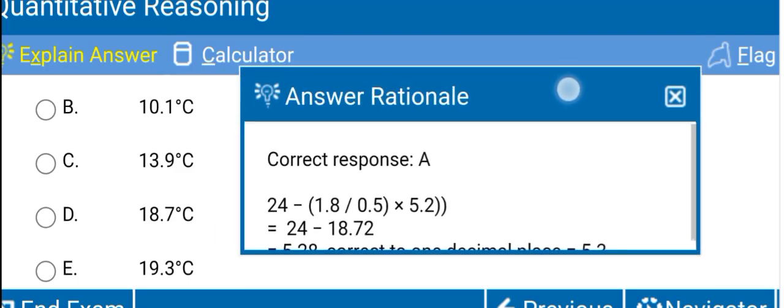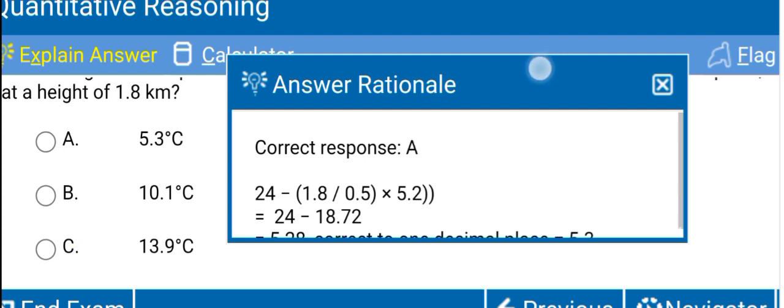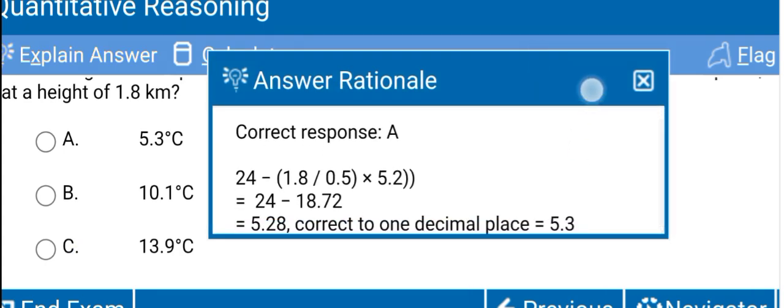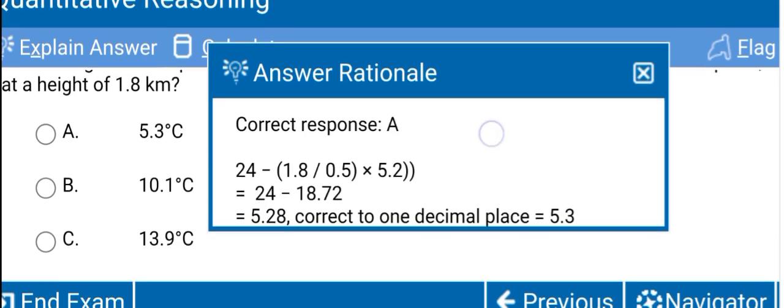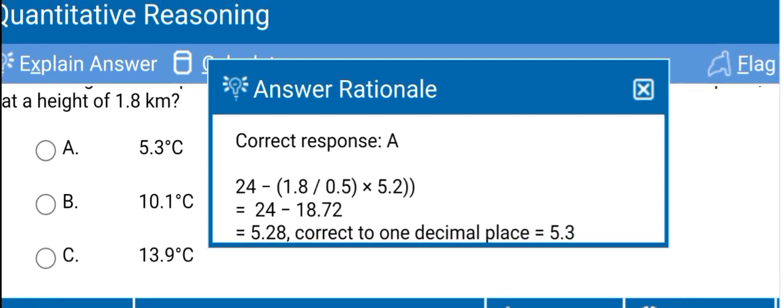The correct response we have is option A. The 24 minus 1.8 divided 0.5 multiplied by 5.2 equals to 24 minus 18.72 equals 5.28.